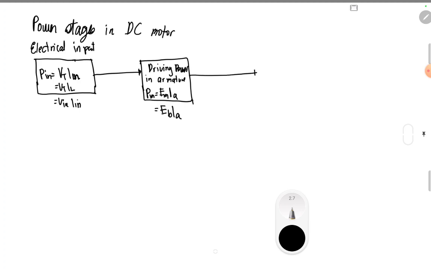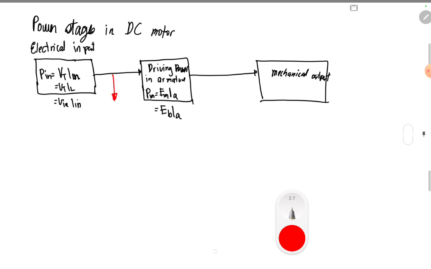And then lastly, we have our mechanical power developed, or our mechanical output. From here, there will be losses in your power input.